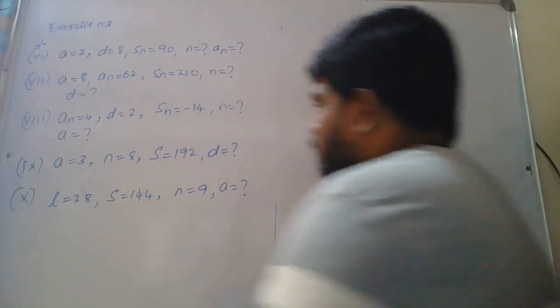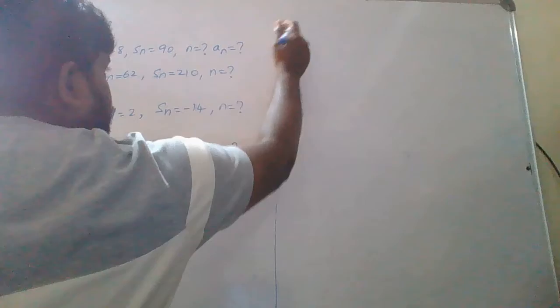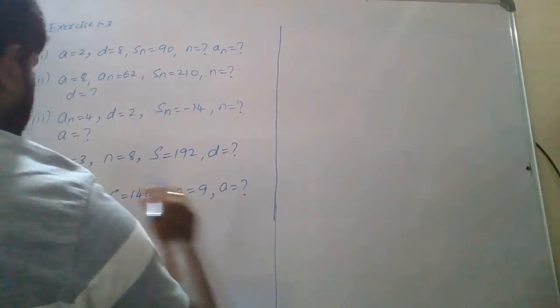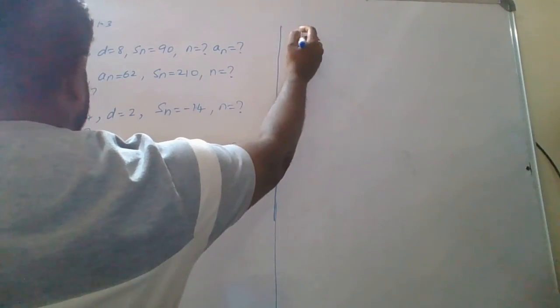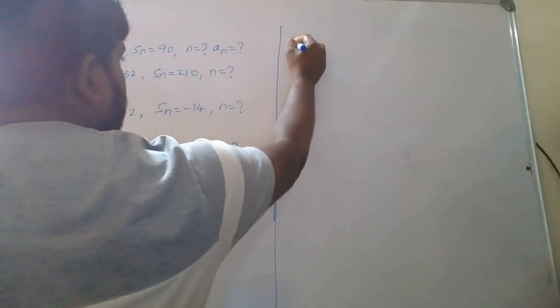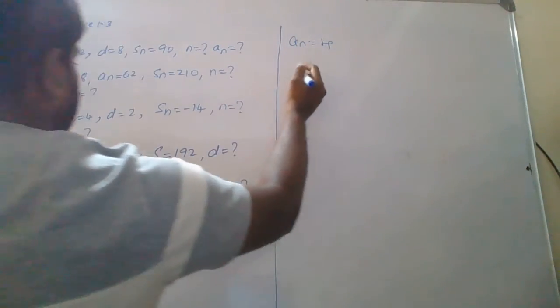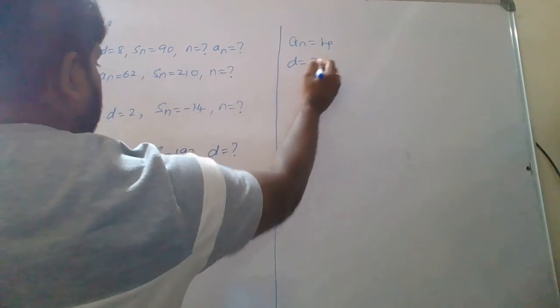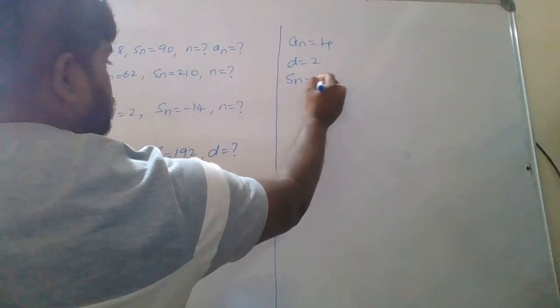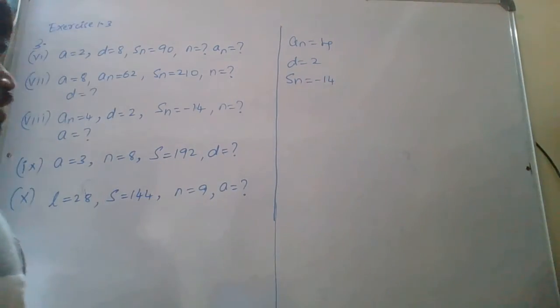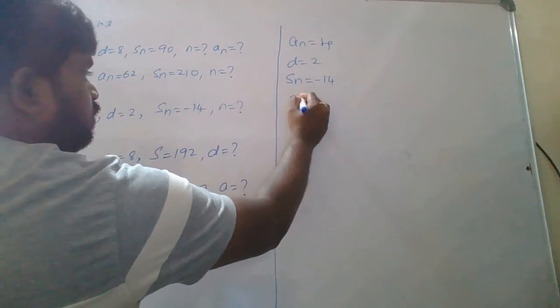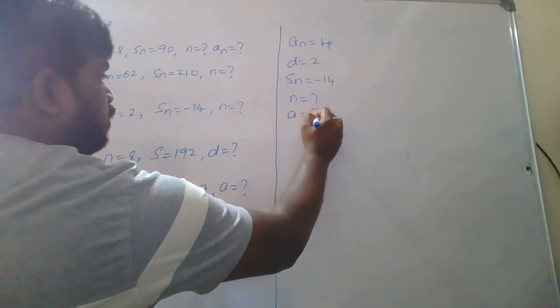In the next one, a values, sorry, an is 4, d is 2, Sn is minus 14, n value, a value.